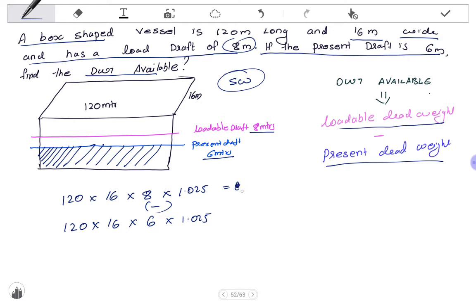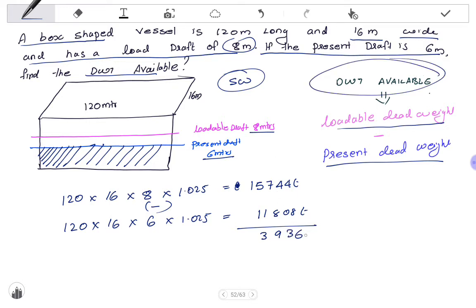This thing we will get the answer as 1574 tons, and this one is equal to 11808 tons. So the difference between these two is 3936. So the dead weight available at this condition is this much tons.